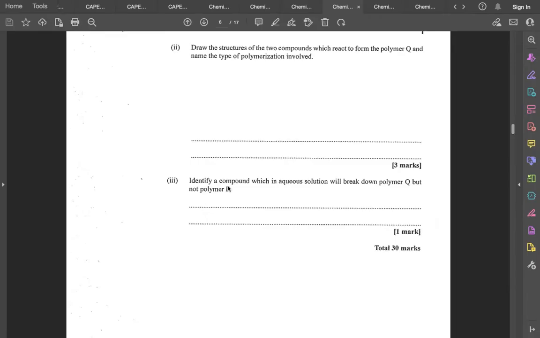All right, so what can we use? We can use aqueous NaOH then, right? Aqueous sodium hydroxide. So we can use aqueous NaOH to hydrolyze Q, and that's not going to affect polymer P, which is made up of an alkene, right? So this is not going to affect it.